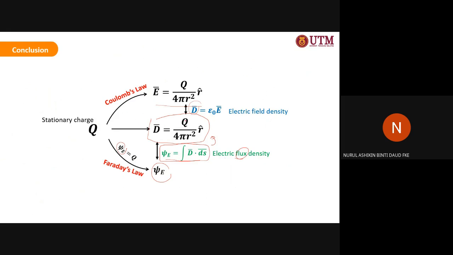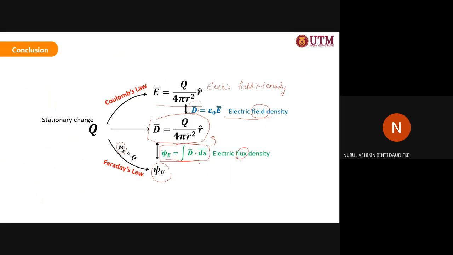Okay, if you are using this formula from Coulomb's law, you will obtain the electric field density, because you are solving the electric field density from the electric field intensity. This is electric field intensity, right?